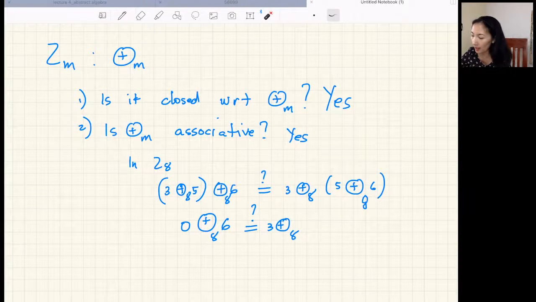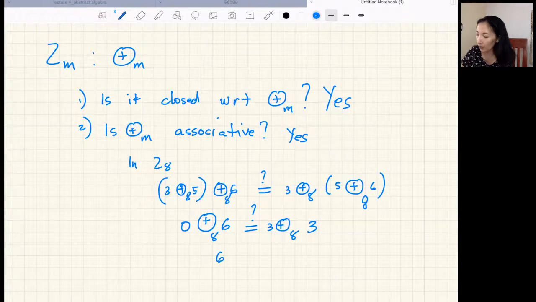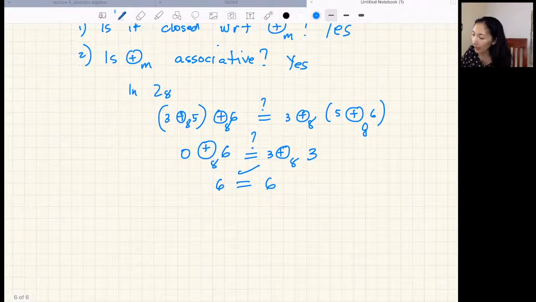Modulo 8 is 3. So getting the sum of the left hand, that's 6. Is it equal to this? Obviously, they are equal. So associativity is satisfied. Now we proceed to the third property that must be met.